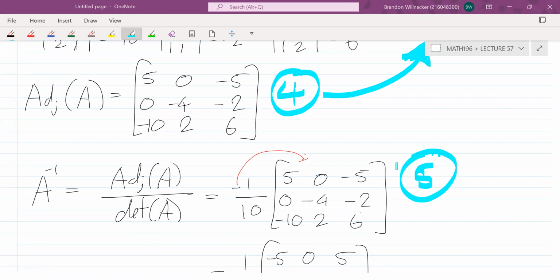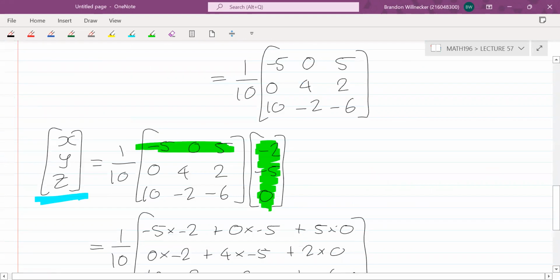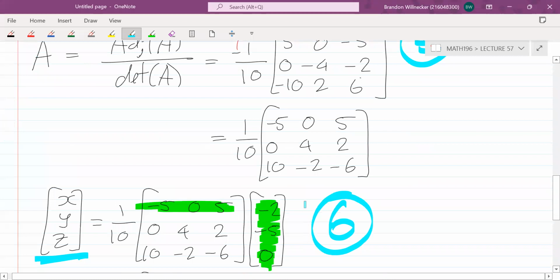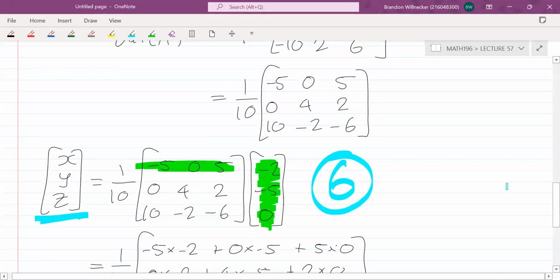So those are the steps to find the inverse. If you want to then find the solution to the system, you would then multiply it by that C matrix. So that would be your step 6. And then that gives you your x, y, and z. Okay, any questions before we move on?